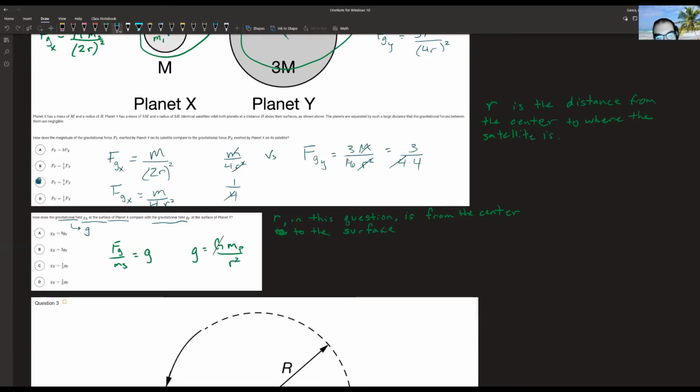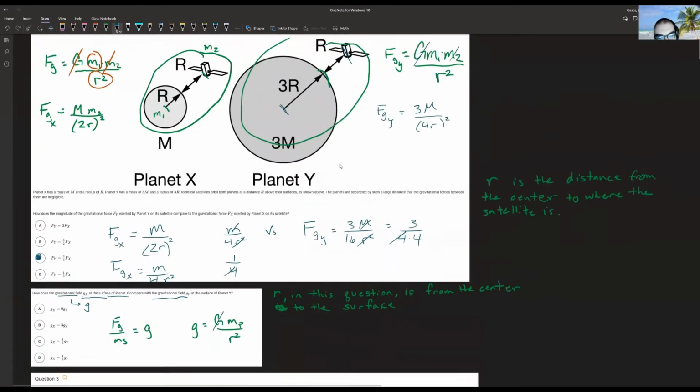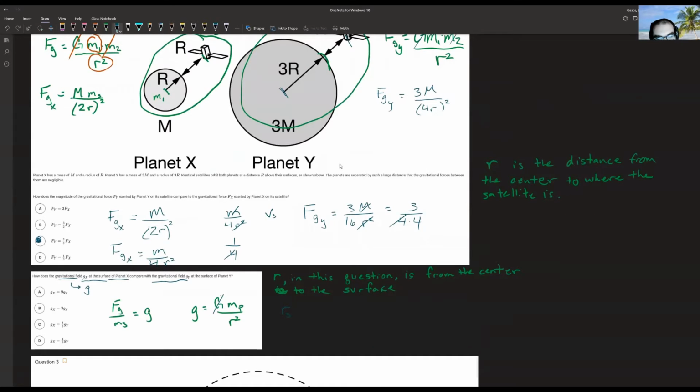What's really just going to change is the mass of the planet and the radius to the surface. So the radius to the surface of X is just r, and the radius to the surface of planet Y is where you can go ahead and use 3r.